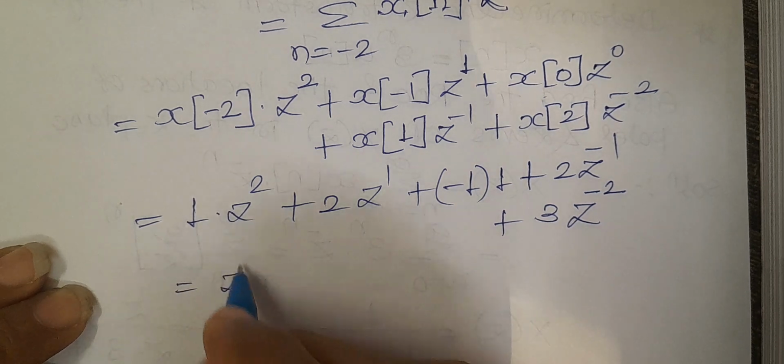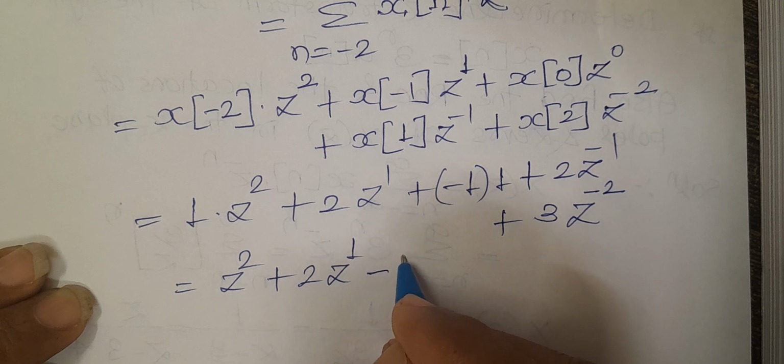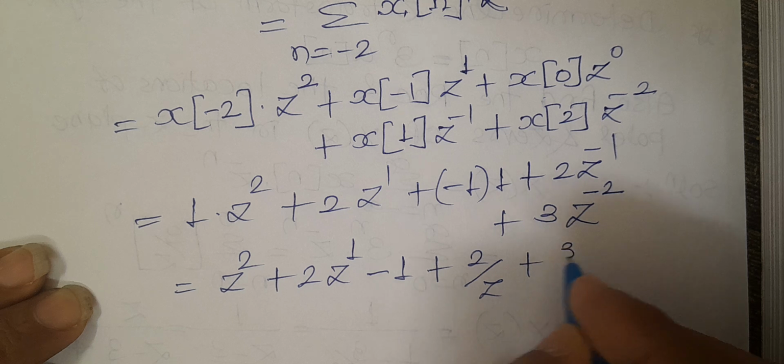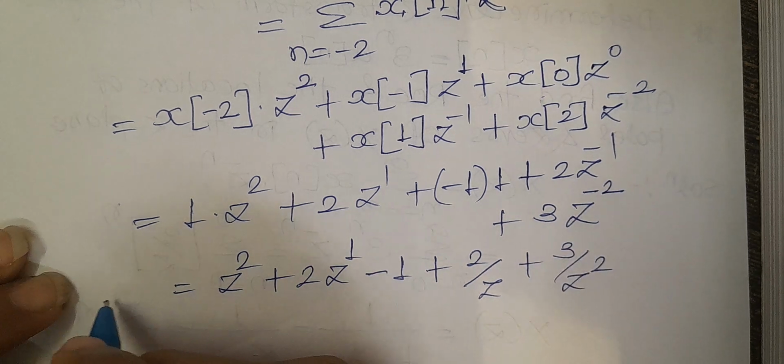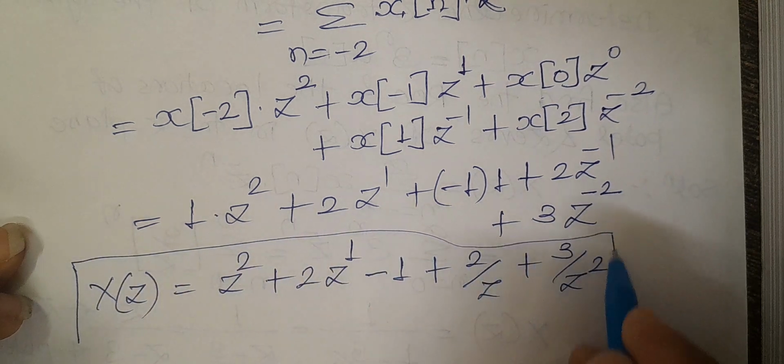So it is z squared plus 2 z raised to power 1 minus 1 plus 2 by z plus 3 by z squared. So this is the z transform of the given signal.